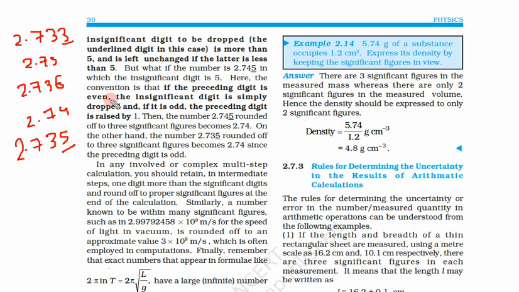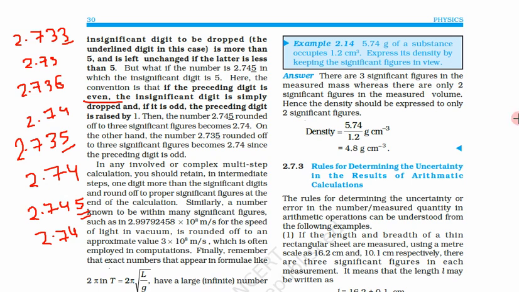So even is preferred. Since this is odd, we will make it even, 2.74. If this is already even, 2.745, we will not make it odd, we will prefer the even one. So this will again be 2.74 in case of 5.